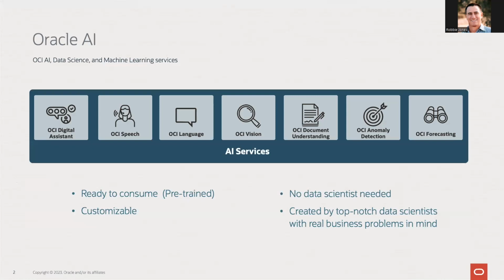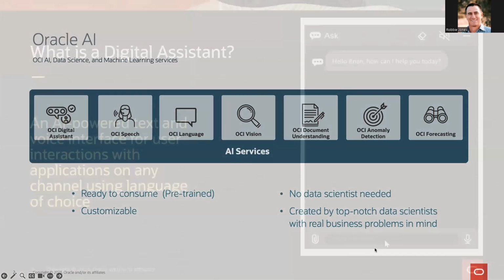So for that, we've abstracted a lot of that work for you. Ordinary business users can train machine learning models. They can create machine learning applications without any coding. And we're going to see some examples of that coming up.